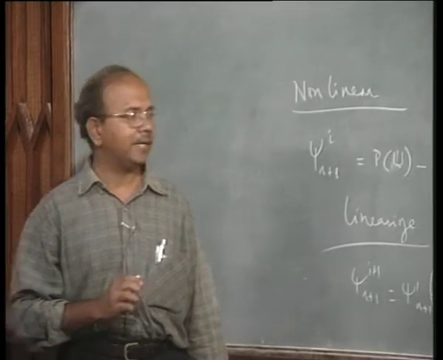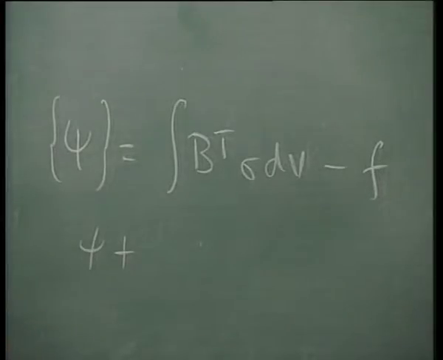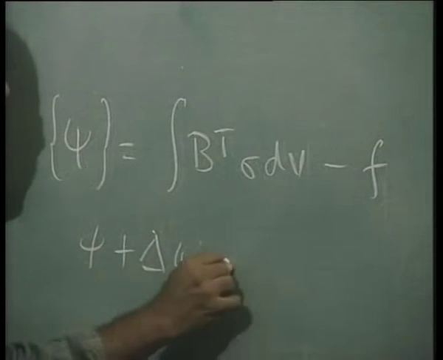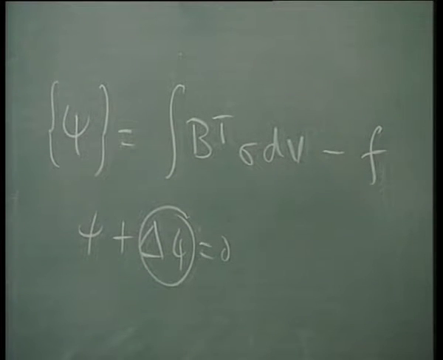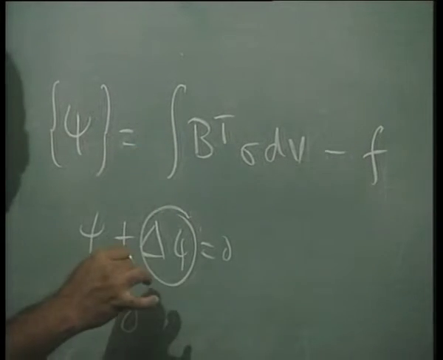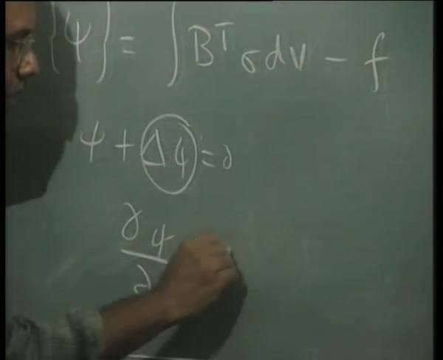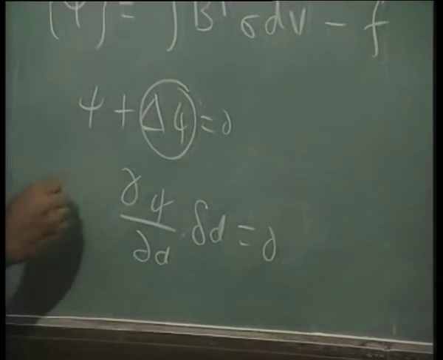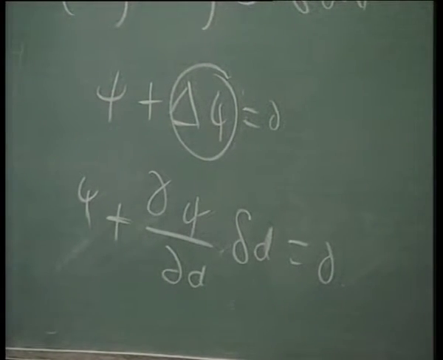So I say that psi plus delta psi is equal to 0, where delta psi is obtained by my first linearization. That is psi plus dou psi by dou d into delta d is equal to 0.